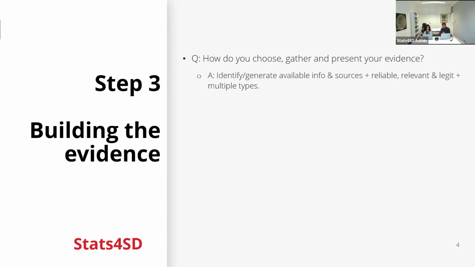And I like the fact that you put identify first, generate second, because generating evidence requires quite a bit of effort and takes time. So ideally, when you get to the point of developing your case, you already have that evidence. You are able to generate a case when you know already that you have evidence to prove it.